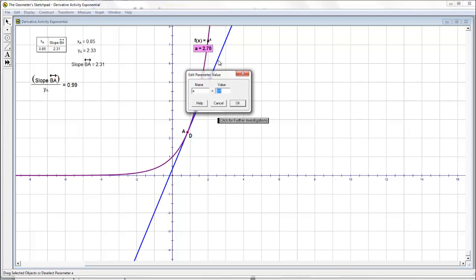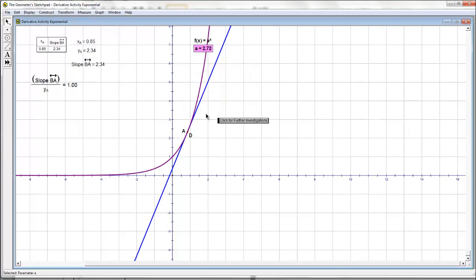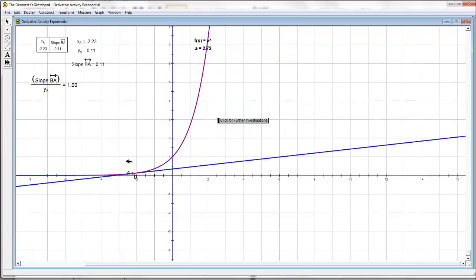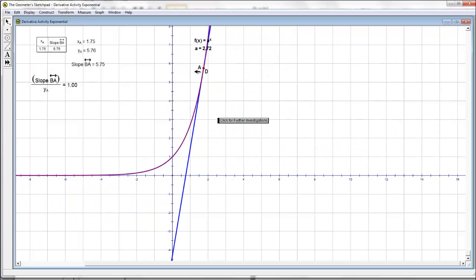Now let me see if I can change this to something maybe a little bit more accurate. Maybe to 2.71, maybe 2.718, as I'm going to cheat a little bit. And the D value, the derivative, is riding right along the length of that curve.